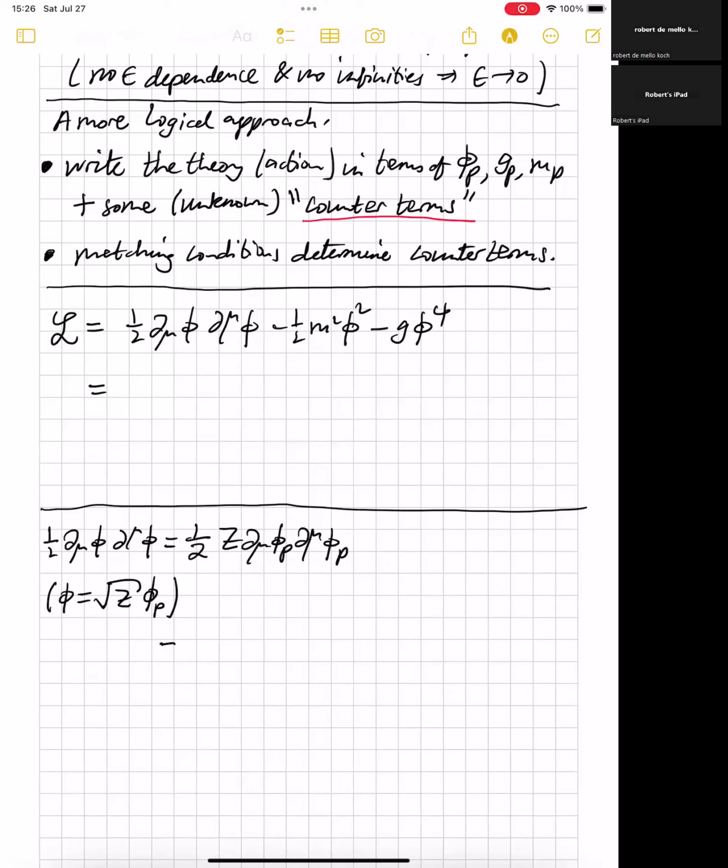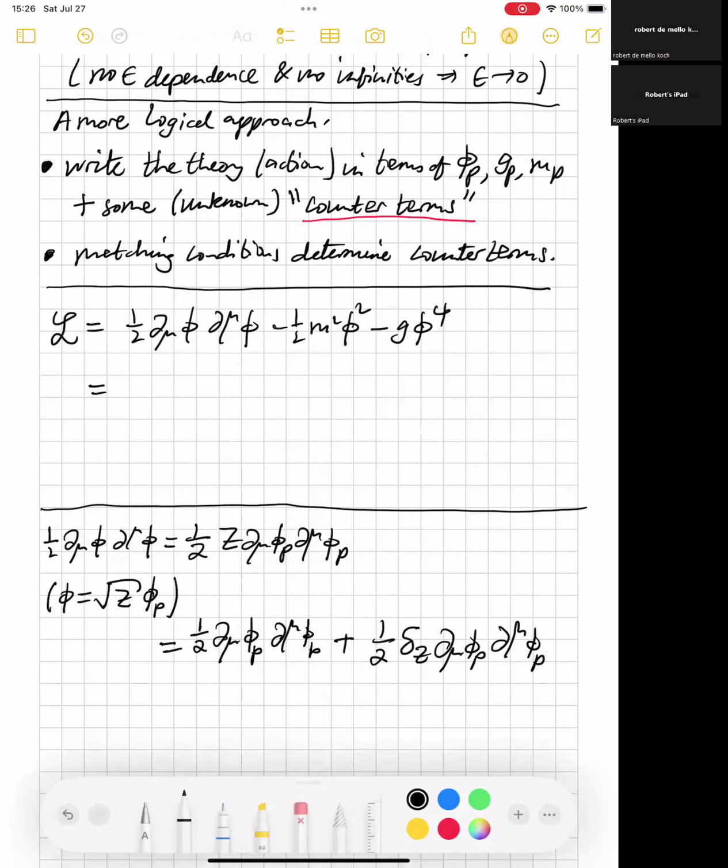So we can write this as 1/2 ∂_μ phi_p ∂^μ phi_p, plus 1/2 delta Z ∂_μ phi_p ∂^μ phi_p. And delta Z that I've just introduced here, this is what we call a counter term.